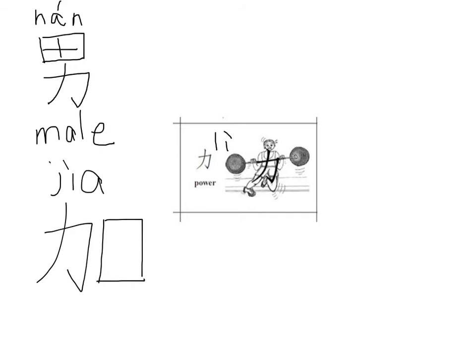The second character here, we put 力 first, and we put a mouth, 口, on the right side. It's pronounced like 加. It means to add.